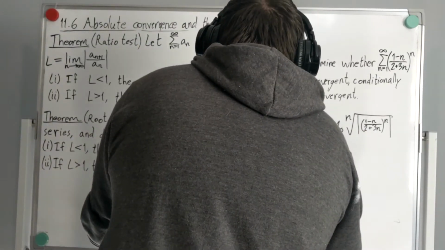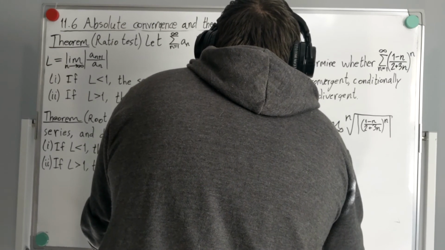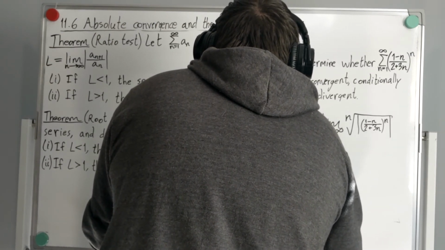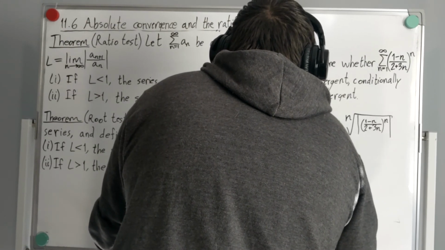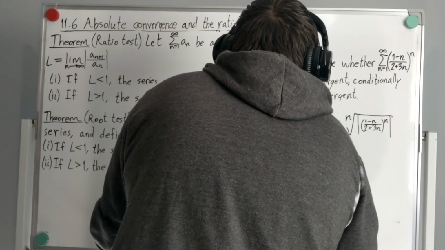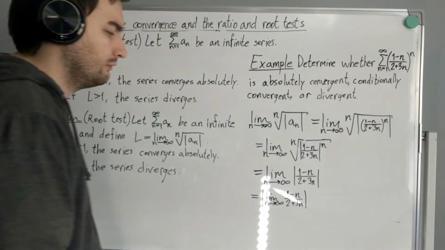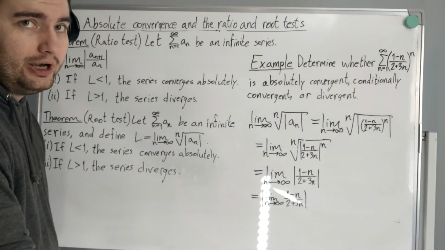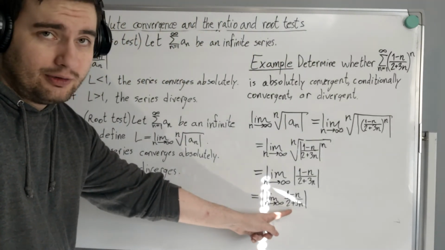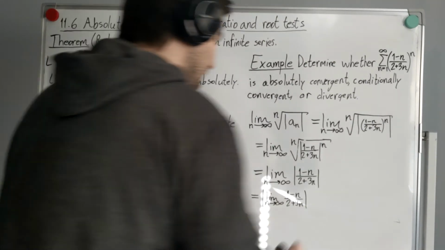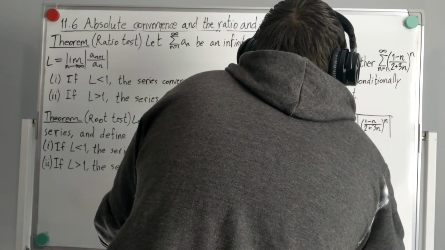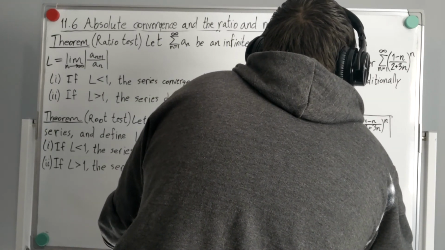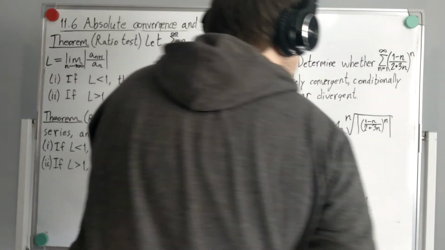So that means that this is the same thing as the absolute value of the limit as n approaches infinity of 1 minus n divided by 2 plus 3n. As n approaches infinity, this thing approaches negative 1/3. So this is the absolute value of negative 1/3, which is positive 1/3. I'm pretty sure that's less than 1, right?